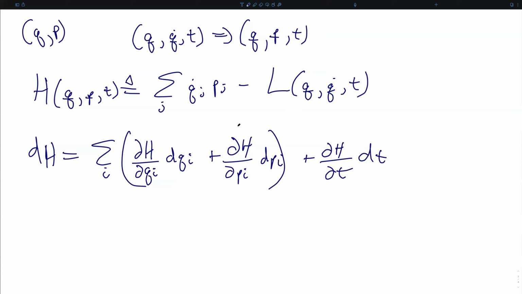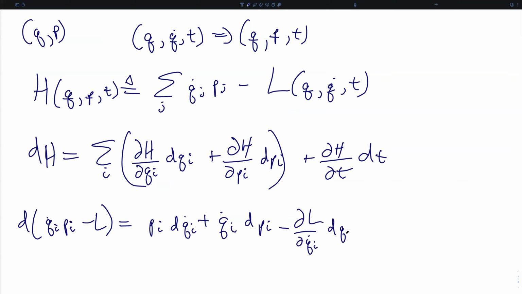If we consider the total derivative of one term out of the summation that defines our Hamiltonian, we can write that as the ith generalized momentum times d q i dot, plus q i dot times d p i, minus the total derivative of the Lagrangian, which works out to the partial with respect to q i dot, d q i dot, then the partial with respect to q i times d q i, and the partial of the Lagrangian with respect to time, dt.